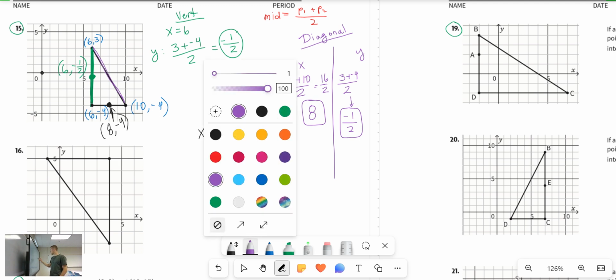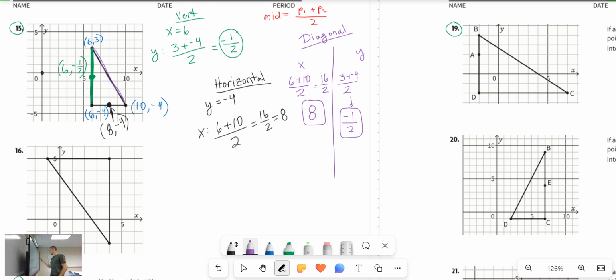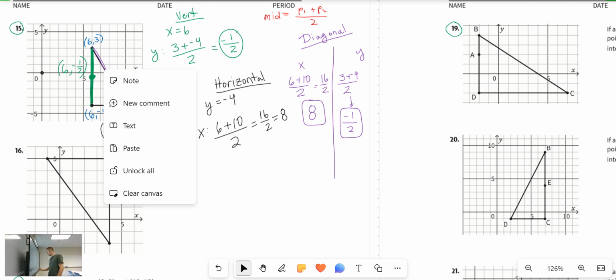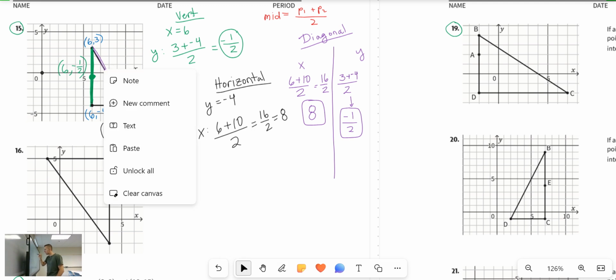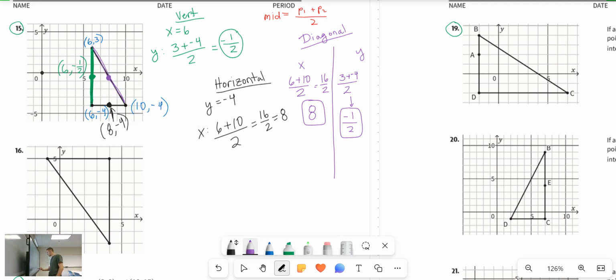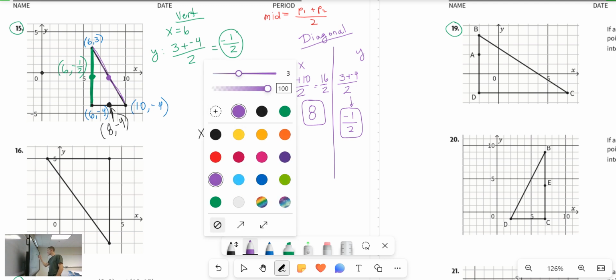So we go over to add our midpoint at 8 comma negative 1/2. 8 comma negative 1/2 seems to be right here. It looks like I was off by just a bit, so let's try this again. One more time. There we go. And now we're going to label it.